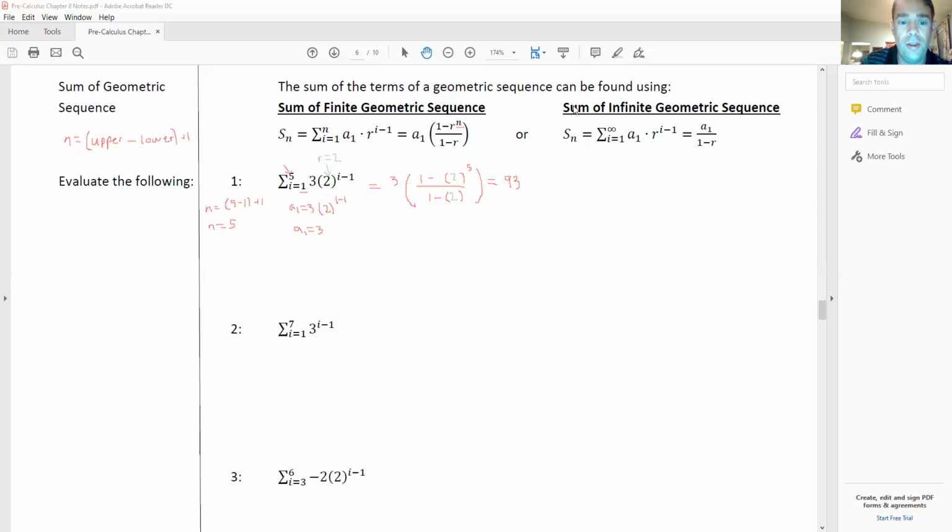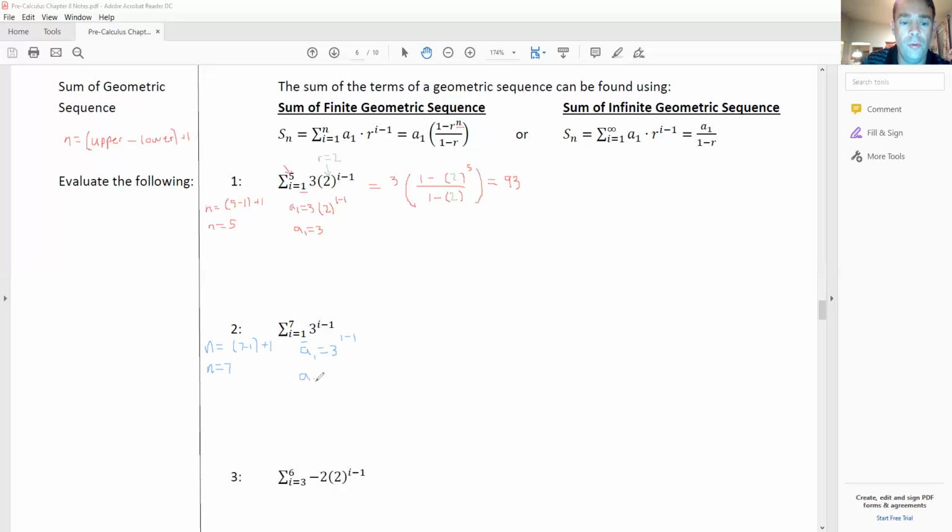So now if I'm looking at it here, I have n equals 7 minus 1 plus 1. So n is 7. Plug in our lower value here to get my first term. So 3 times 1 minus 1.